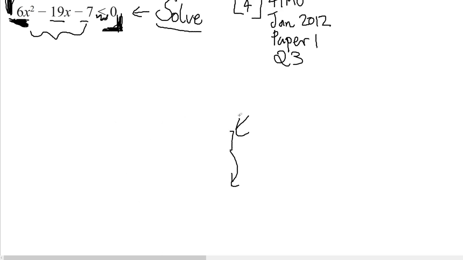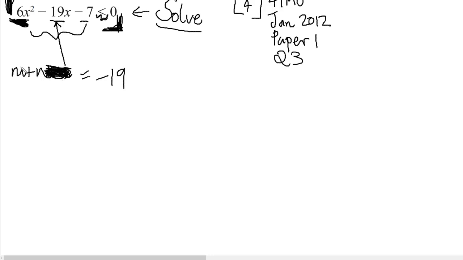So we have our first degree term being equal to minus 19. Or rather, this is our M plus N is equal to minus 19.